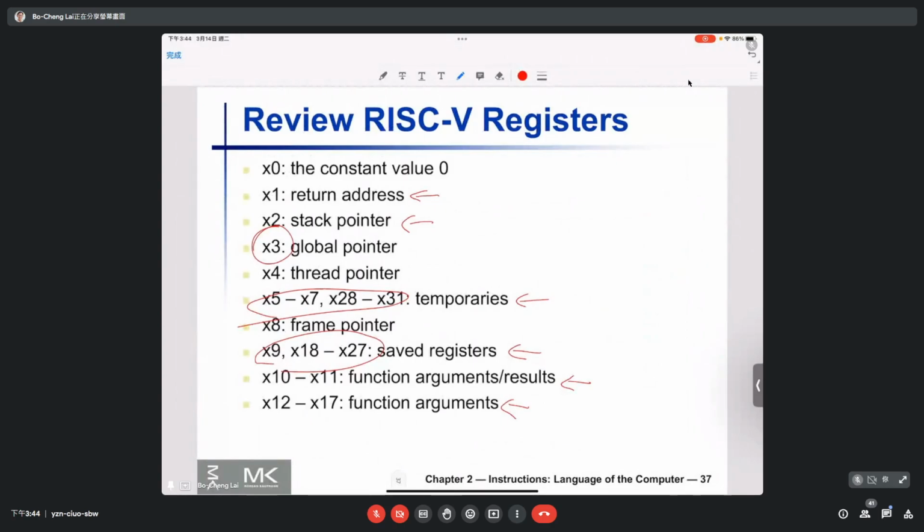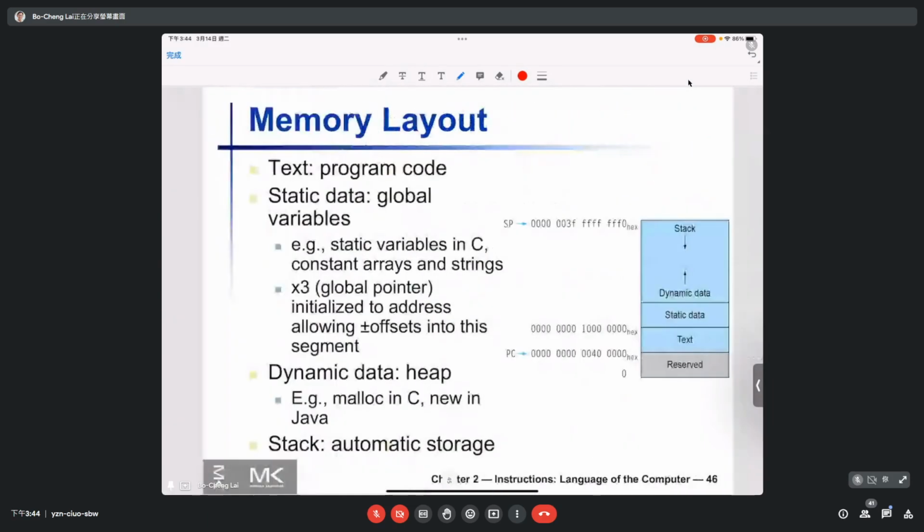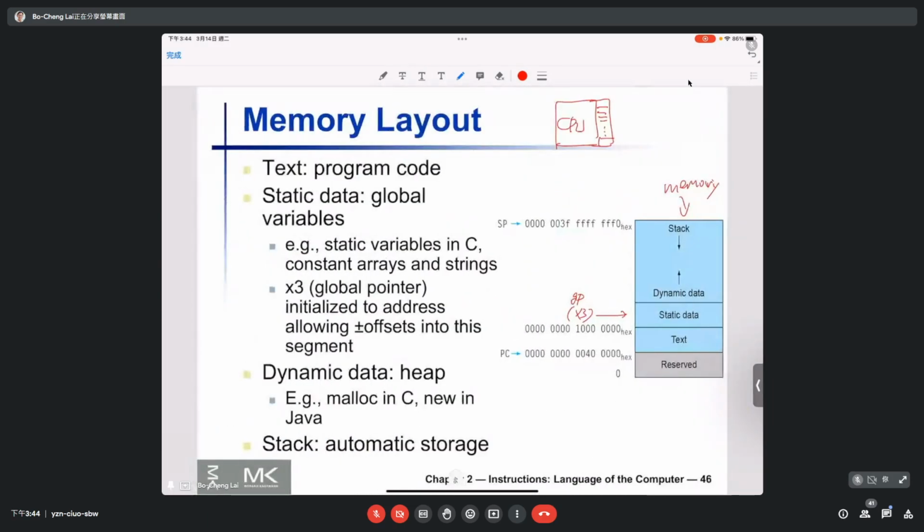People usually use it to store an address in that static area, a pointer into that area. So it's easier for the program or the CPU to access the data above or below it.